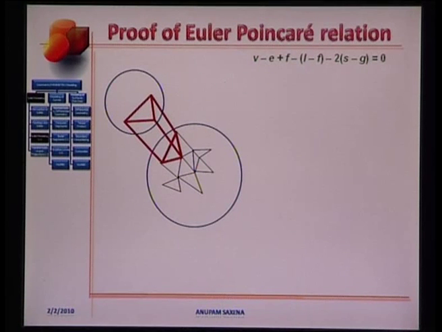In the next step, what we may want to do is bulge out this triangular plane face into a spherical face. In the Euler relation, nothing changes because this thing is a valid solid. And in fact, this solid is homeomorphic to a sphere.